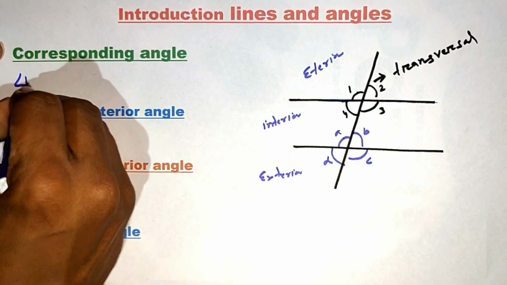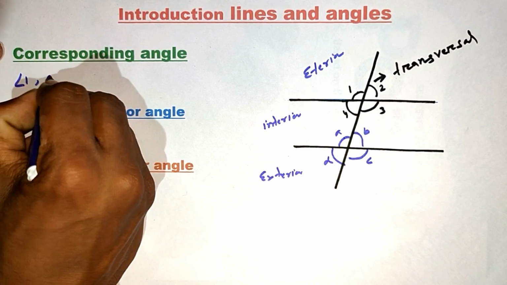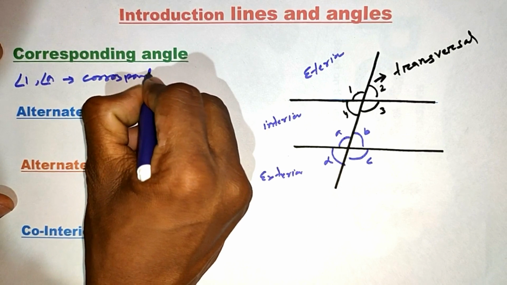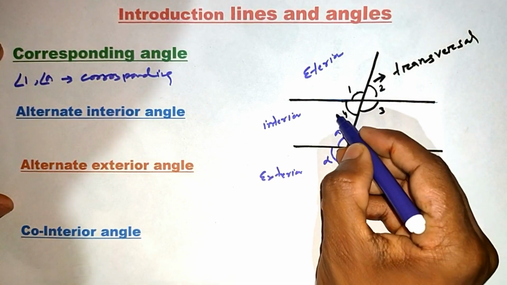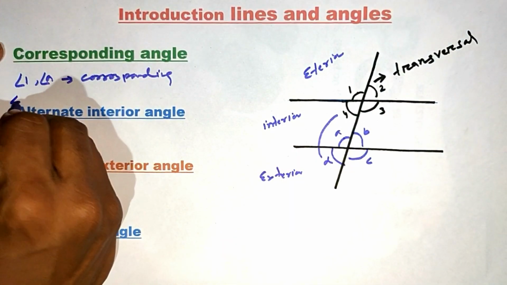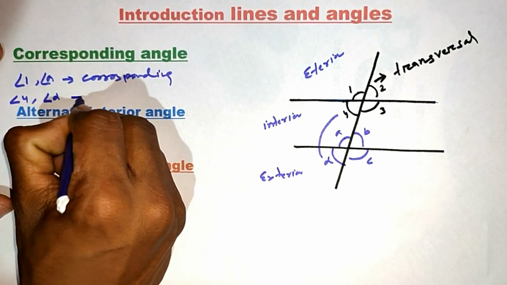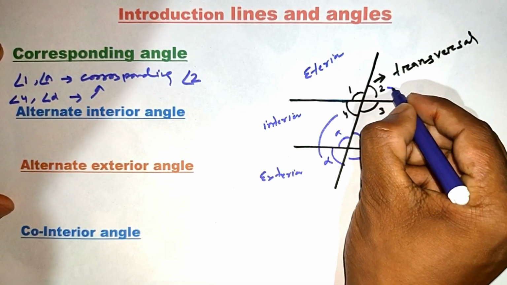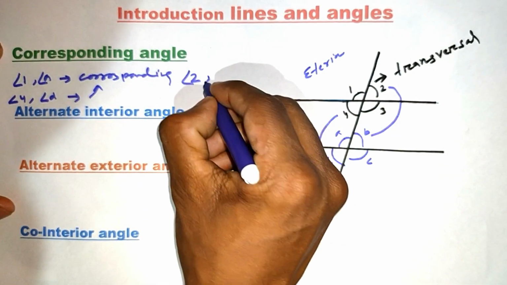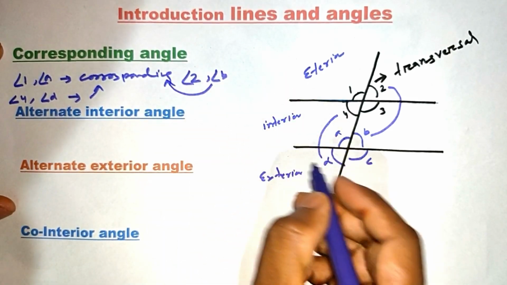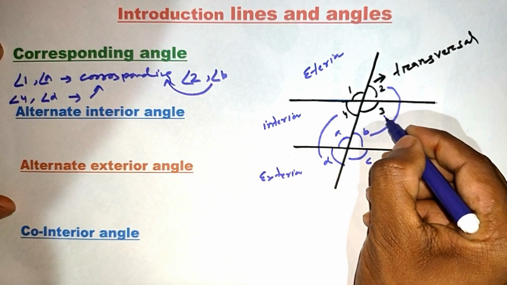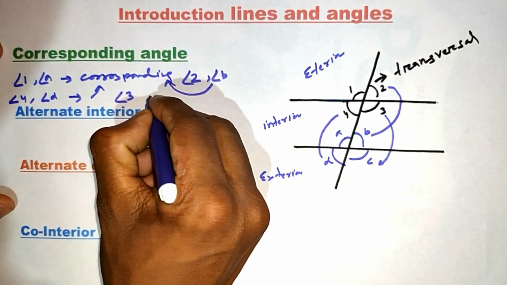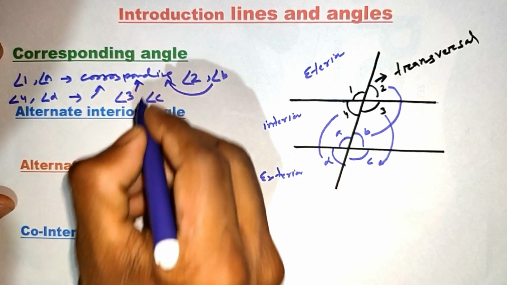So 1 and A are corresponding, as well as 4 and D. Again angle 2 and angle B are also corresponding, and angle 3 and angle C are also corresponding.